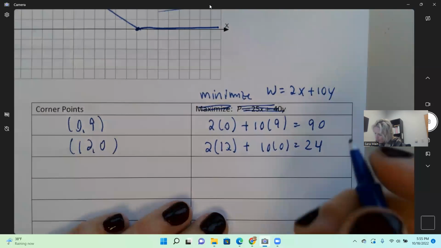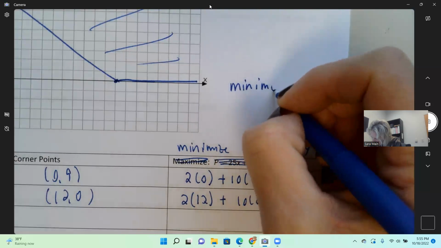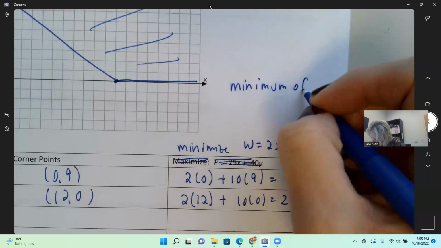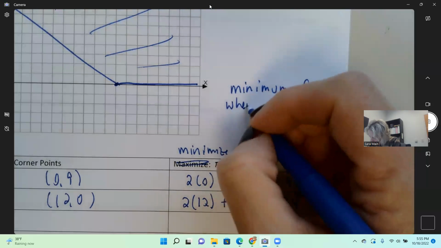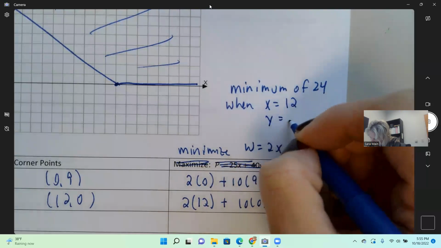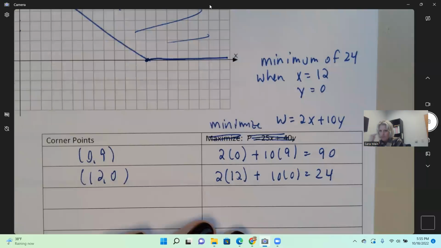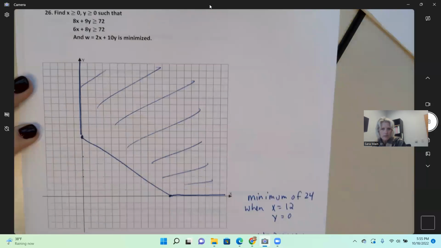So our minimum of 24 when x equals 12 and y is 0.